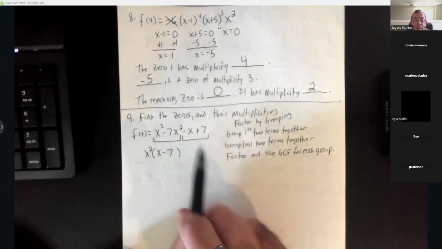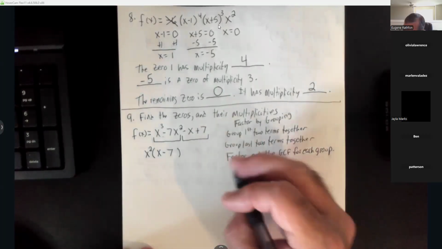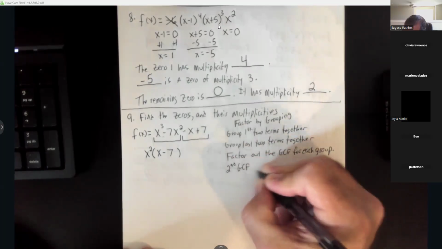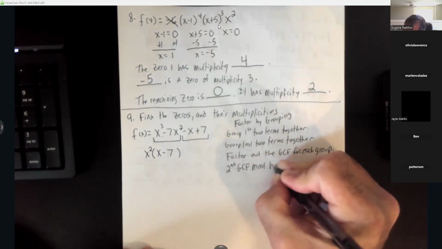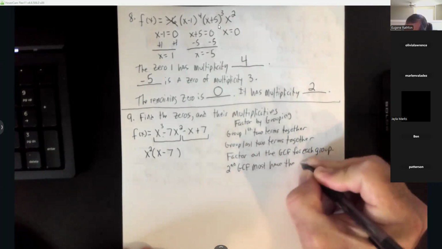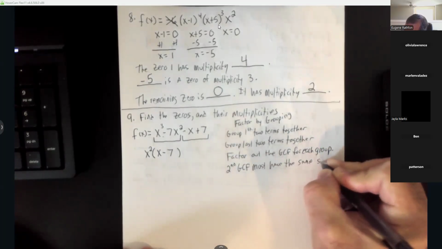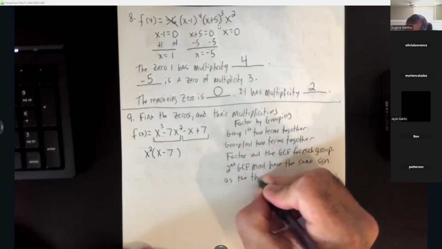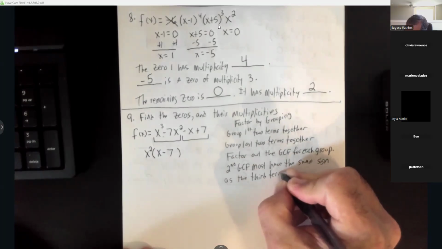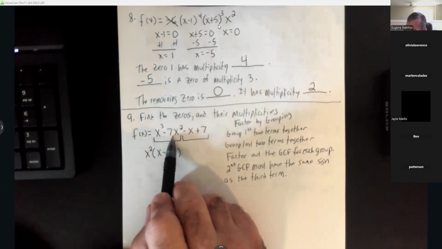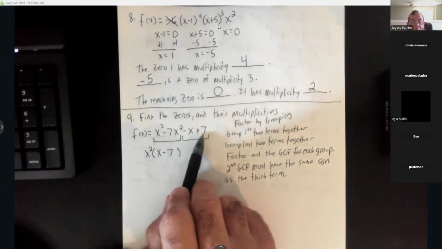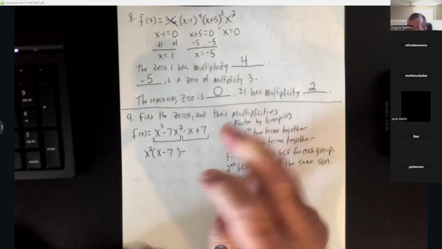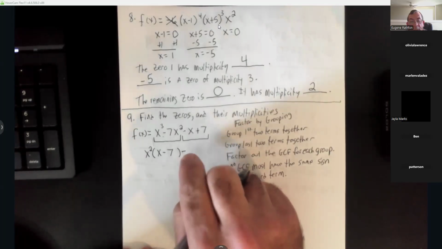So now I do the last two. Now, check this out. The second greatest common factor must have the same sign as the third term. So remember, first term, second term, third term, fourth term. So since the third term is negative, that means that my second GCF will be negative.